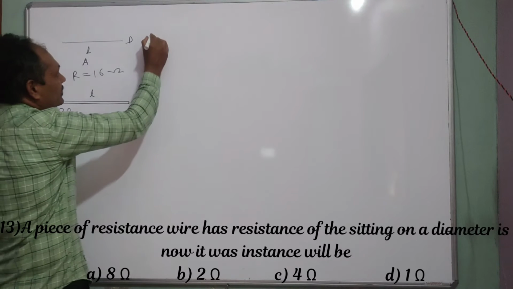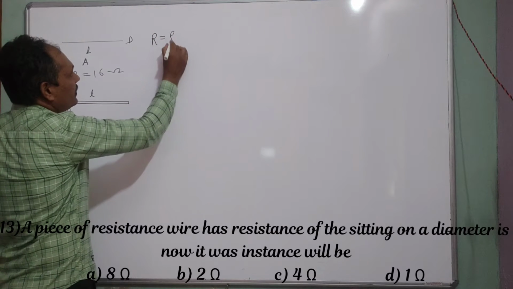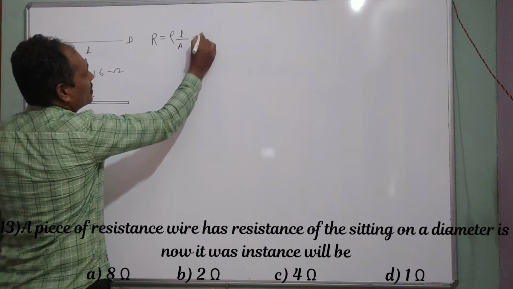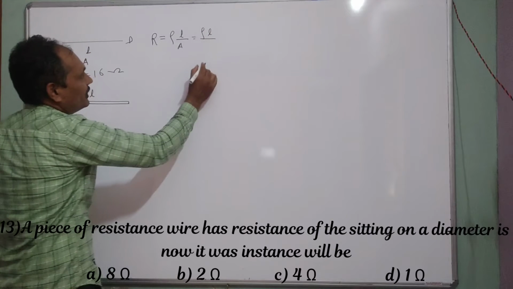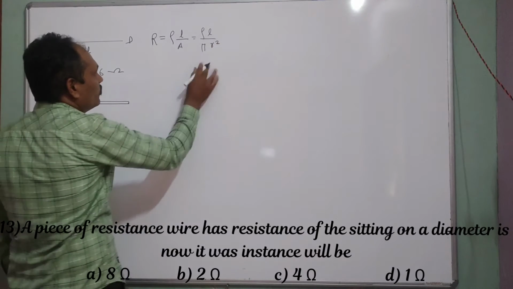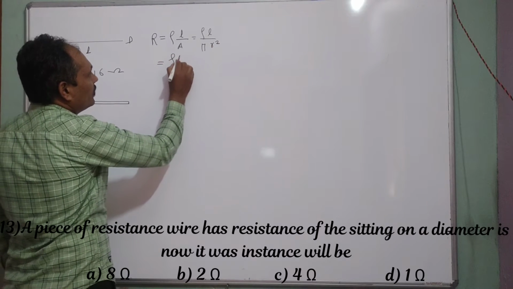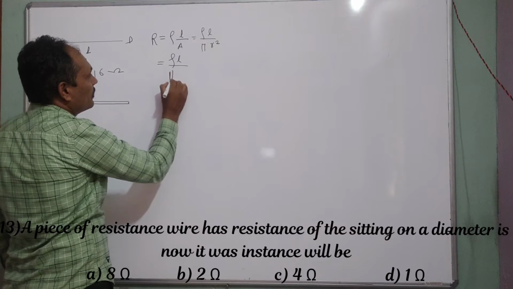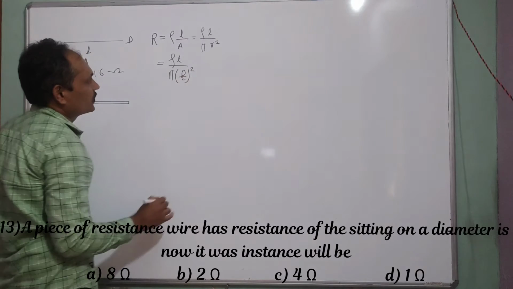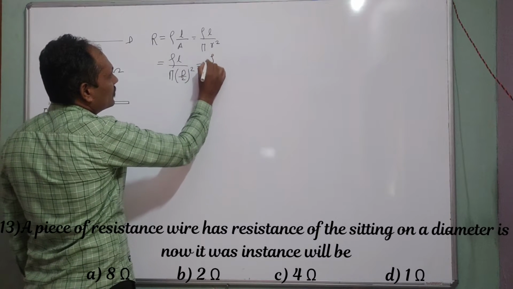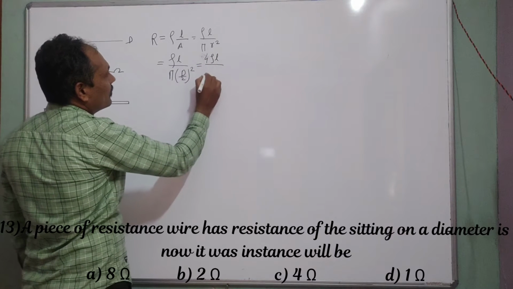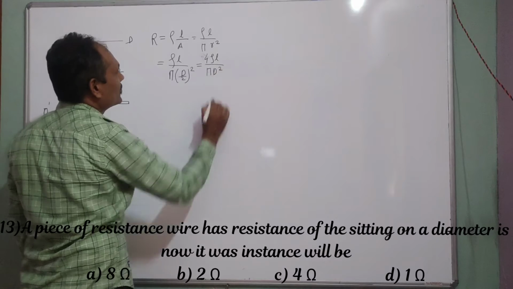Now here is the equation R equals rho L upon A, where A is pi r square. Put the value of r equal to D by 2, squared, giving 4 rho L by pi D square.